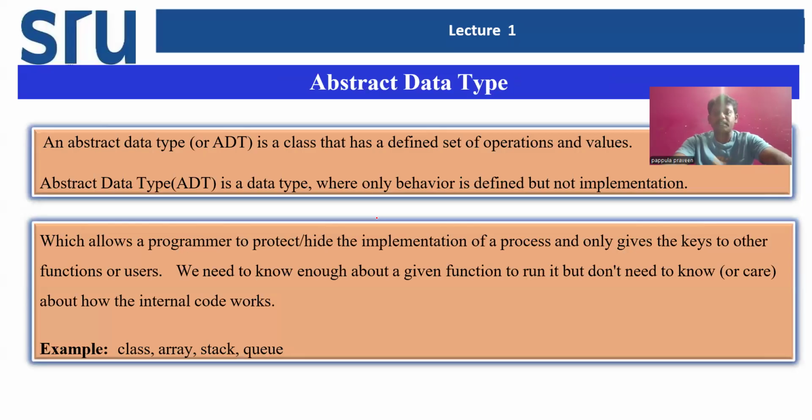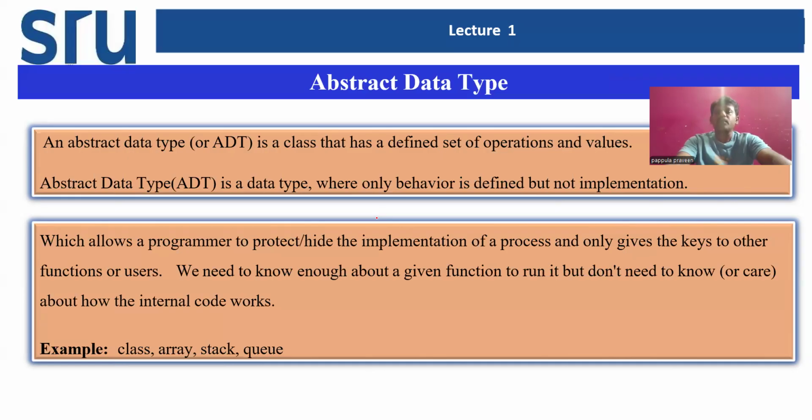Now the abstract data type, because we will discuss the stack concept. An abstract data type is a class that has a defined set of operations and values. It is a data type where only behavior is defined, but not implementation. The behavior of the structure is defined in the abstract data type, which allows a programmer to protect and hide the implementation and only give the key to other functions or users.